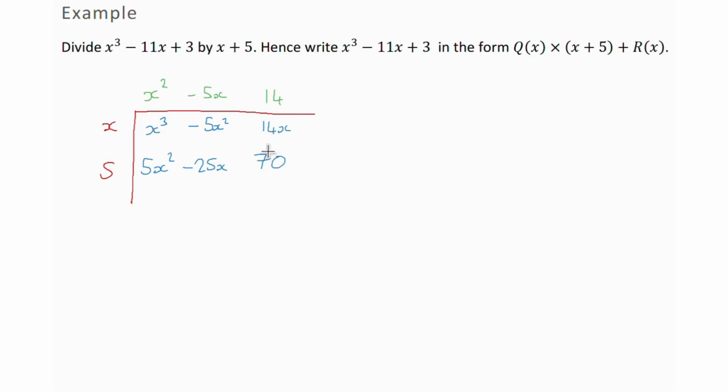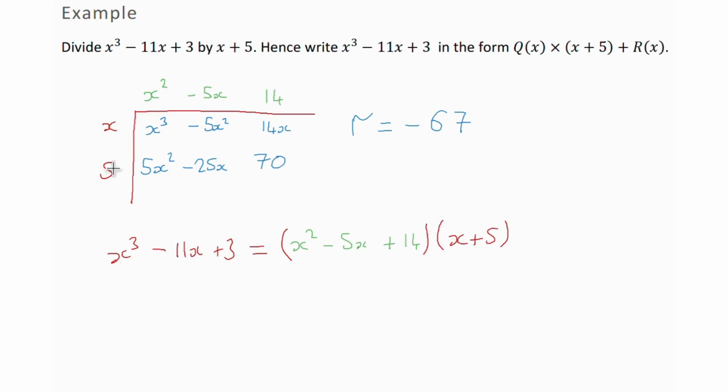Now the remainder is what we would need to do to get from this 70 to that 3. So the remainder in this case is equal to minus 67. Now what this means in terms of writing this in this form, that means that x cubed minus 11x plus 3 is equal to what I found here, x squared minus 5x plus 14, times by x plus 5, this times this.